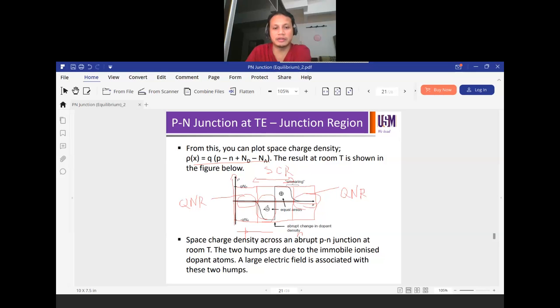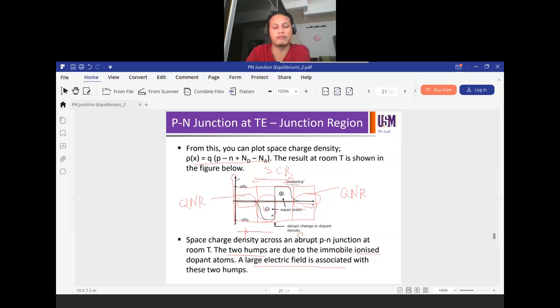But you have the charges here in the depletion region and also here in the depletion region. And they are of equal areas, right? The two charge regions are due to the immobilized ionized dopant atoms, due to them losing either holes on the P-type or electrons on the N-type. A large electric field is associated with these two charge regions.